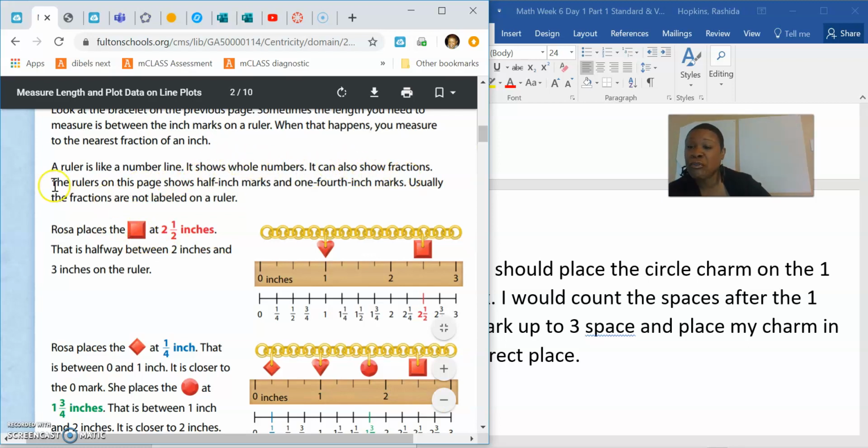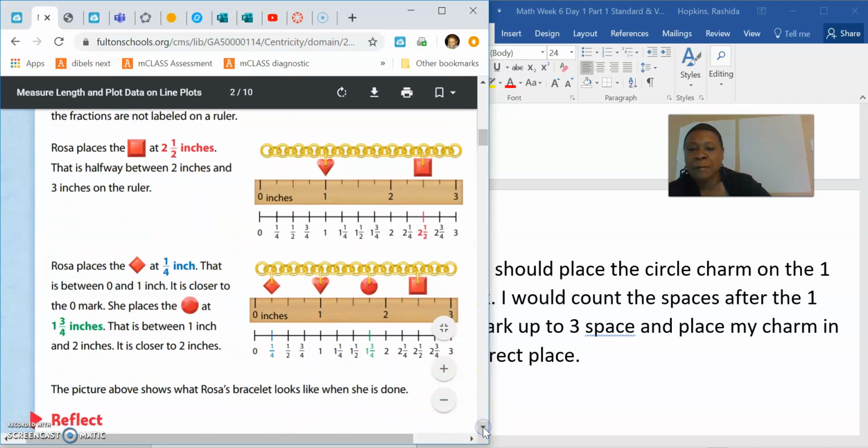It can also show fractions. The ruler on this page shows 1/2 inch marks and 1/4 inch marks. Usually the fractions are not labeled on a ruler. So Rosa places the square at a 2.5 inch mark, which you see the square here. We see 2 inches here, and her midpoint is the halfway. That is the half between 2 inches and 3 inches.